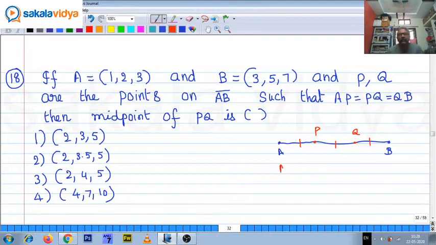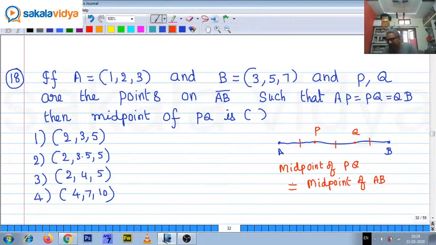That's why we have one concept here: the midpoint of PQ is the same as the midpoint of AB. That means you need not find the points of trisection. Directly find the midpoint of AB. That is the answer.